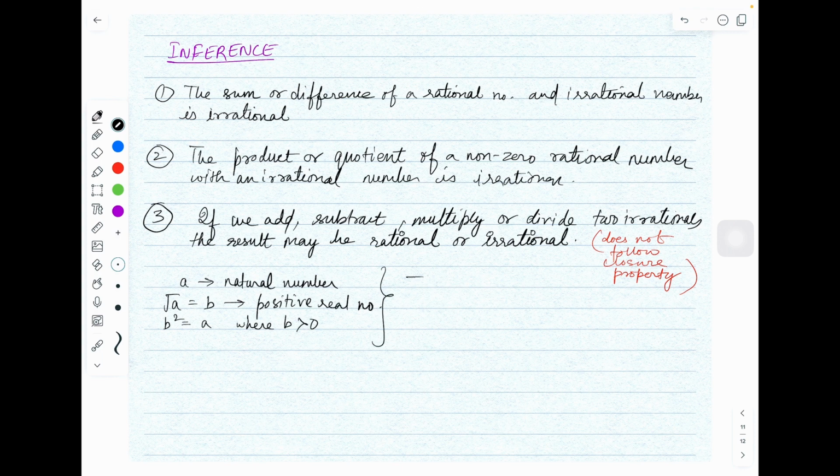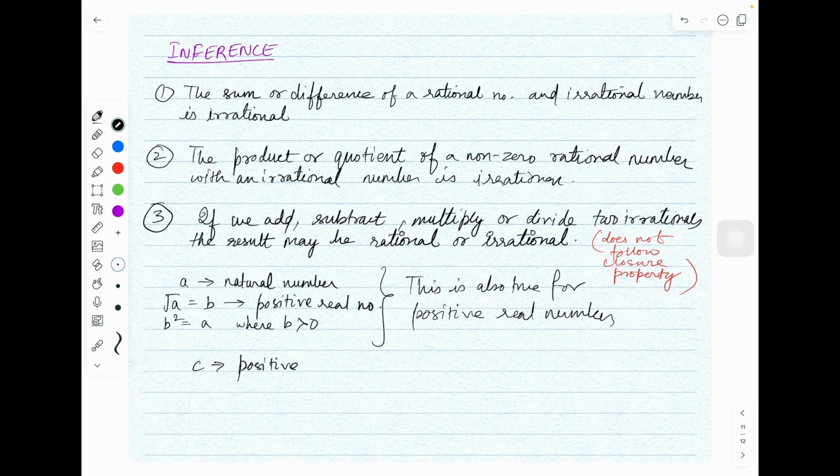This is also true for positive real numbers. That means what? Suppose C is a positive real number.